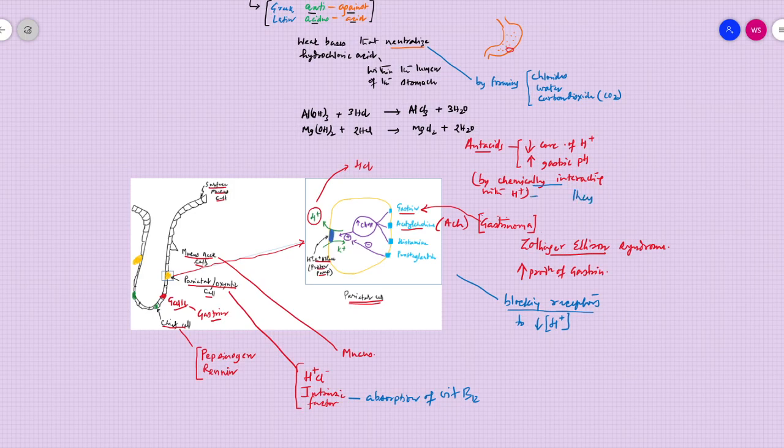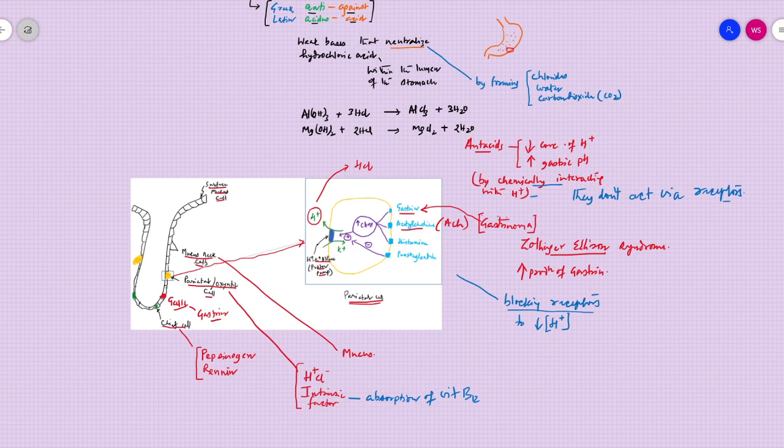They don't act via receptors. Therefore, anticholinergic drugs or antihistaminic drugs are not called antacids. Antacids are drugs which chemically interact with H plus, decrease the concentration of H plus, and increase the gastric pH.